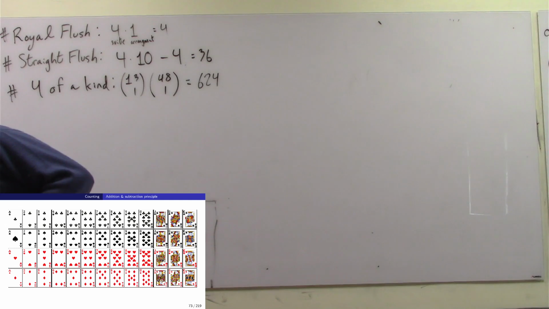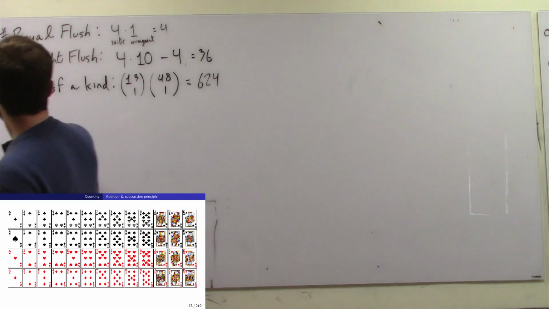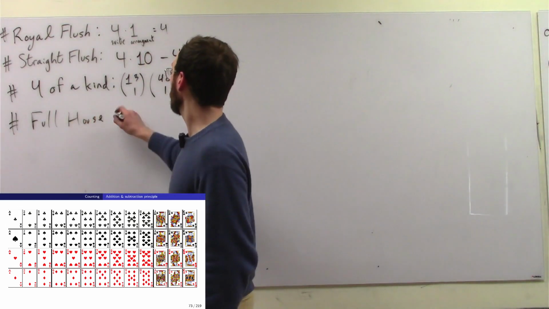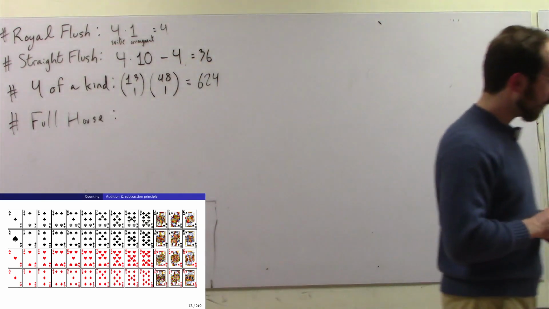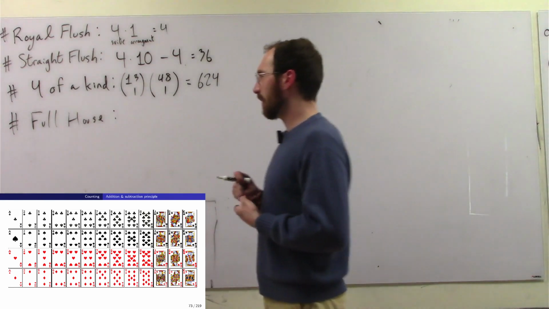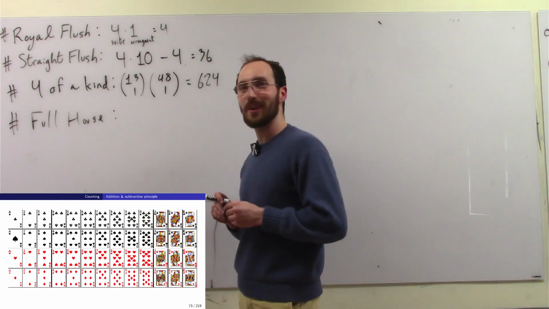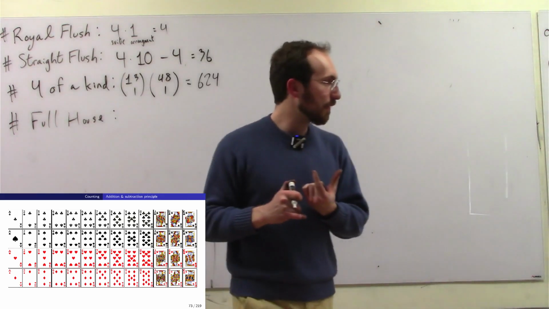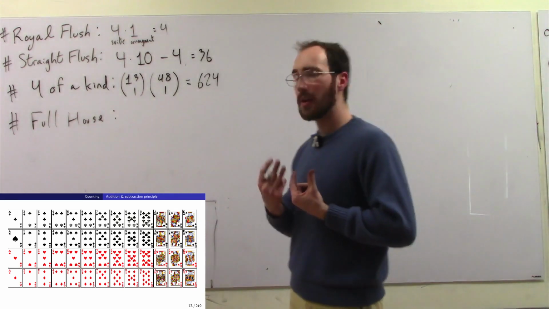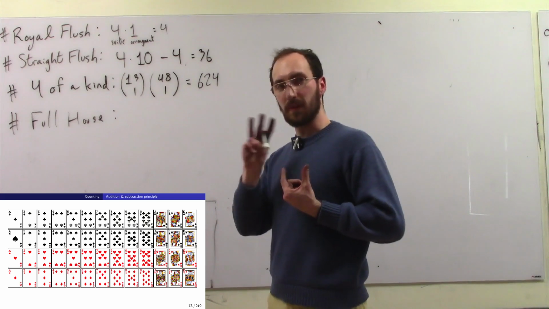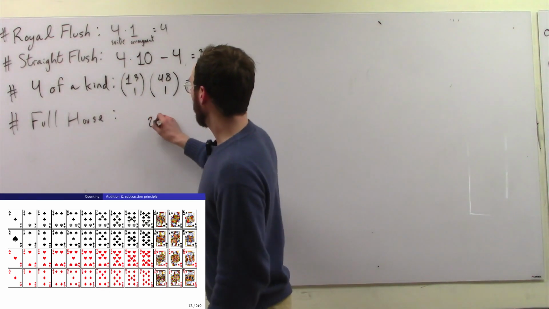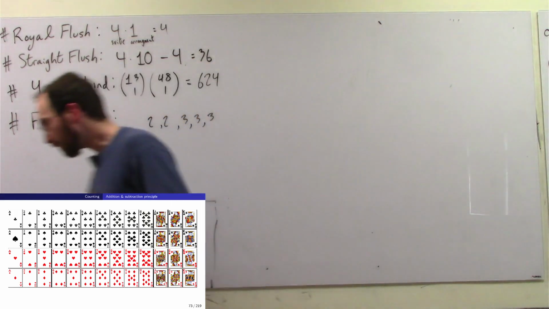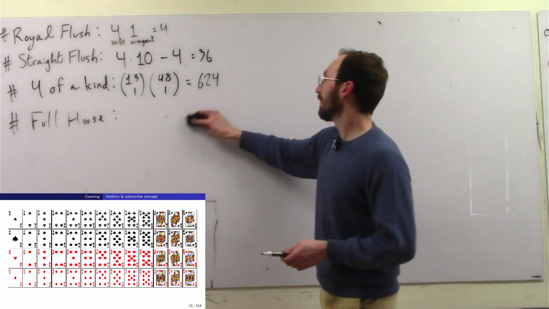Now next we have a full house. So what are we doing here? A full house is a weird sort of hand. To me, it's the weirdest of the main ones. The full house is you have 2 cards of the same rank and 3 cards of a different rank, all the same. So if you had 2 2s and 3 3s, that would be a full house, for instance.